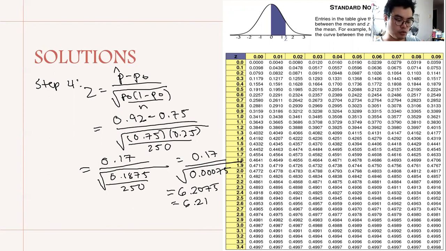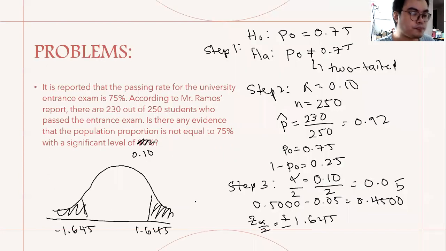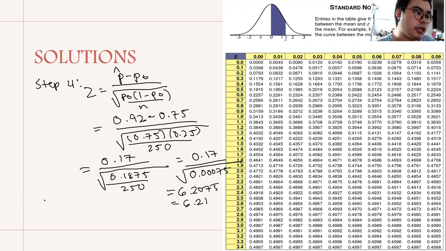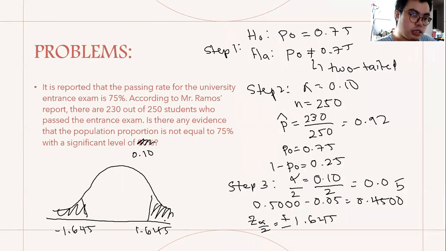Okay, so we're going back to the critical region. Okay, so since 6.21 is higher than 1.645, we can tell that we're going to reject the null hypothesis.